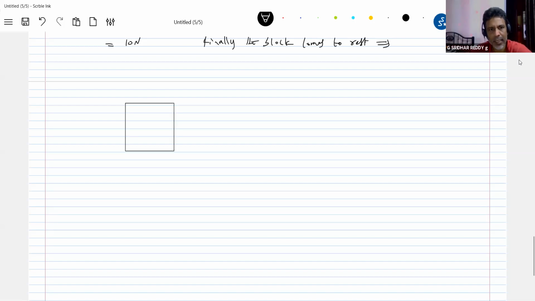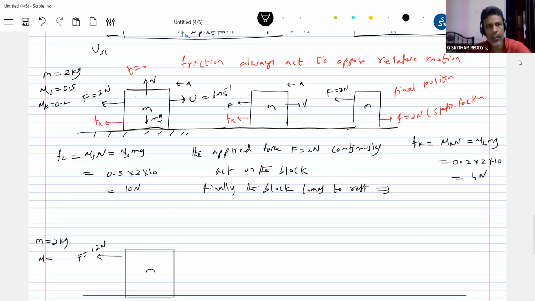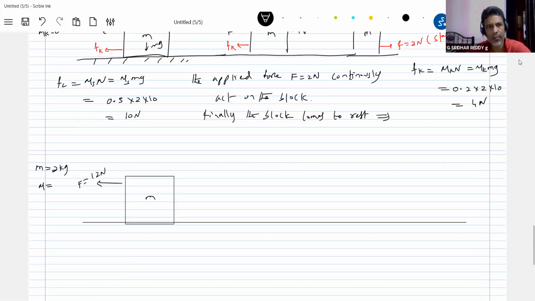Small basic ideas. Now the applied force is, say, let it be 12 Newton. The same values, m equal to 2 kg, mu s 0.5.